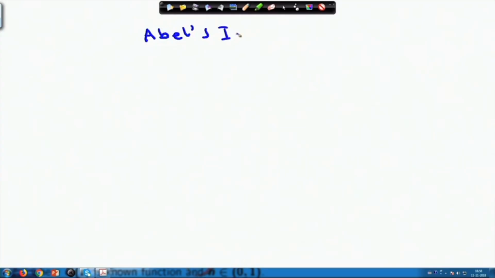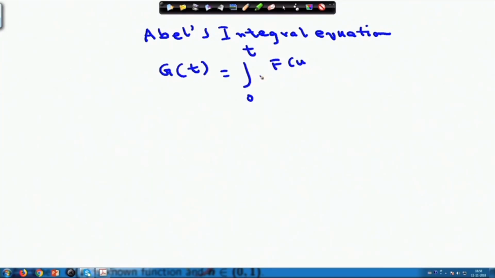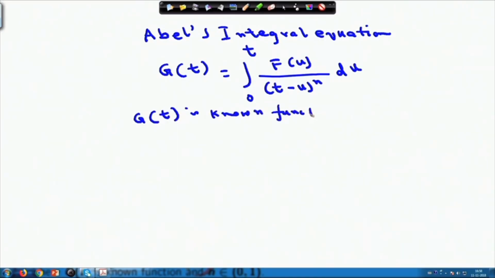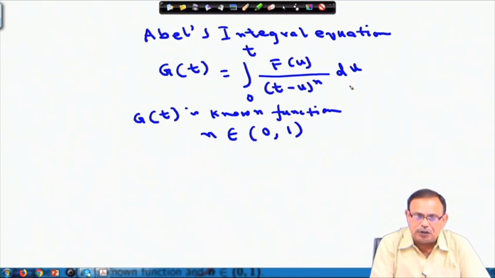Abel's integral equation takes the form g(t) equals integral from 0 to t of f(u) by (t minus u) to the power n du, where g(t) is a known function and n belongs to (0, 1), and I have to find out the value of f(u).